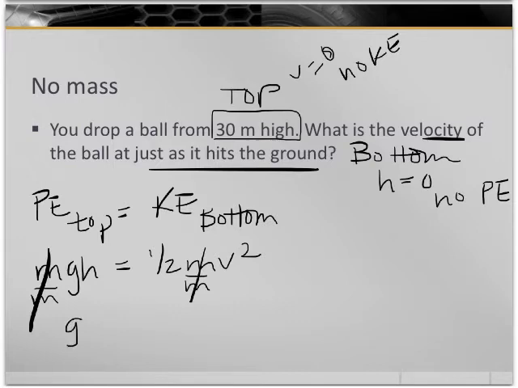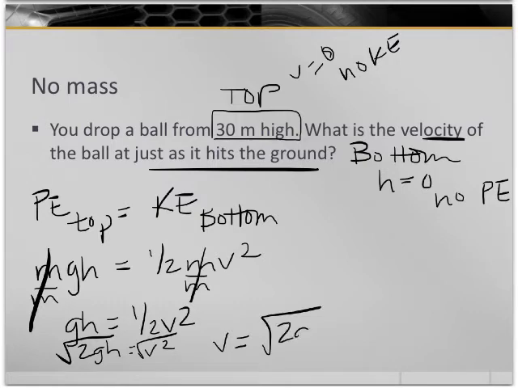So you're going to have gh equals 1/2 v squared, and then 2gh equals v squared, and then to get rid of the square, you take the square root. So v is equal to the square root of 2gh. The key thing here, the reason why mass doesn't affect velocity, is because the masses cancel out. Okay?